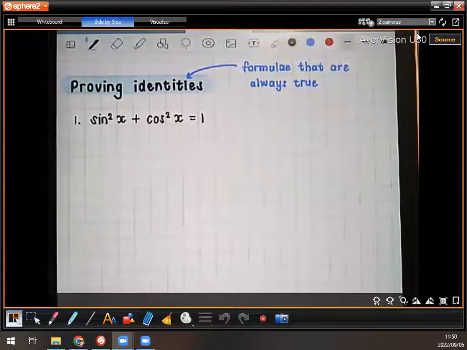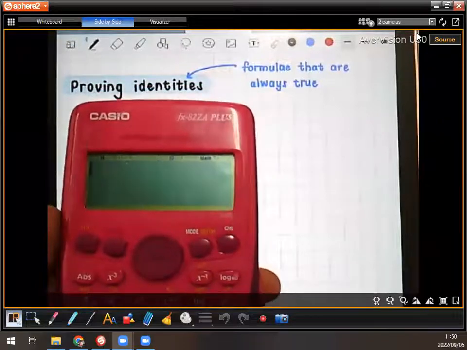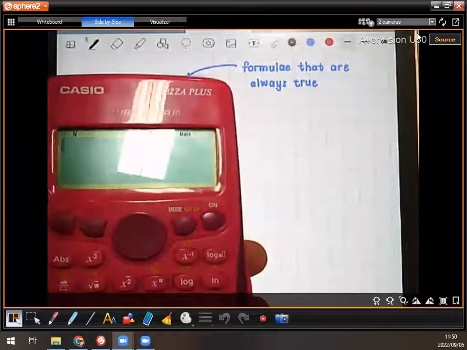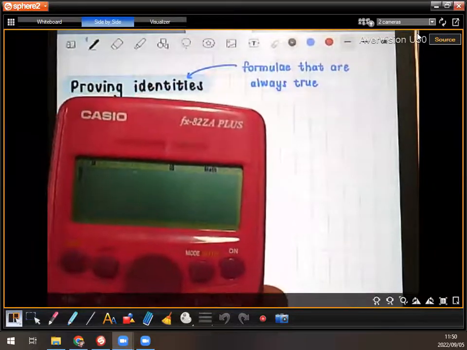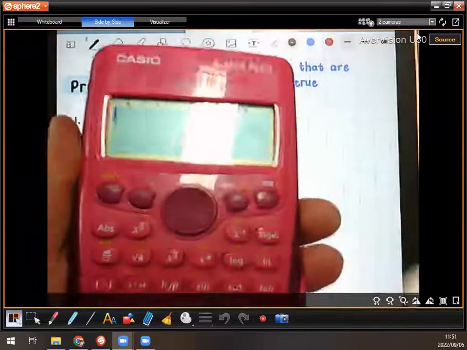That is the case. If you take sine squared of an angle plus cos squared of that same angle, it will always be equal to 1. Now remember when you want to do a sine squared or a cos squared on the calculator, you have to do sine of the angle in brackets, like from last year. There is no sine squared button.